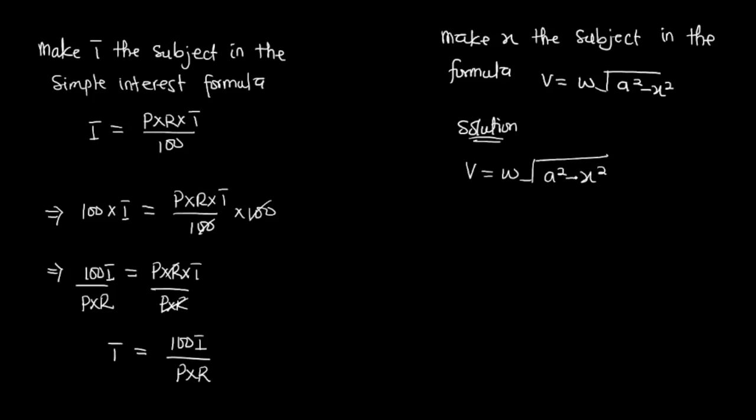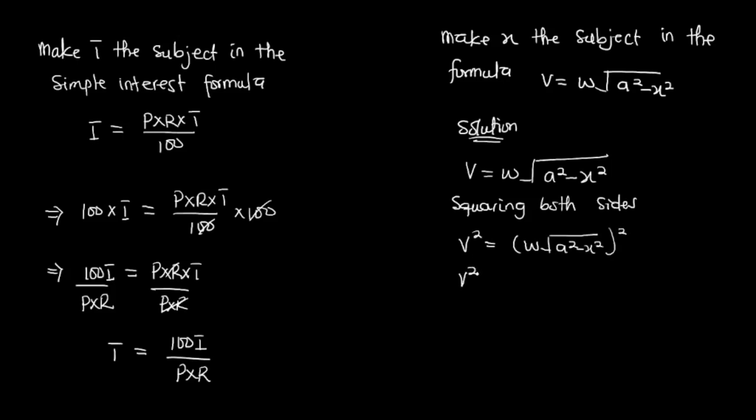Alright, so we have to make x the subject, and we can see that the x is embedded in a root sign. So the first thing we need to do is to get rid of the root sign. We do that by squaring. Okay, so we square both sides of the equation. So we have v squared is equal to w the root of a squared minus x squared, squared.